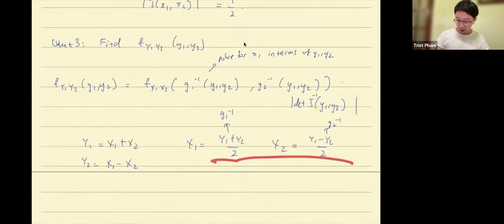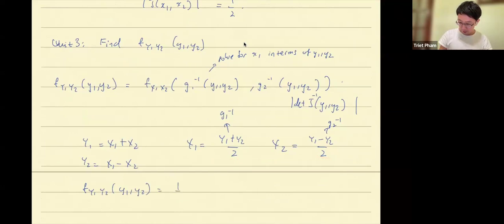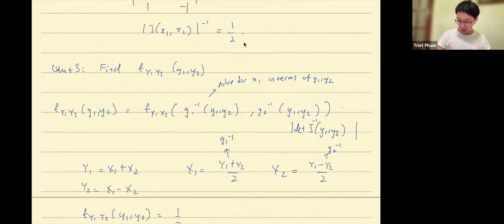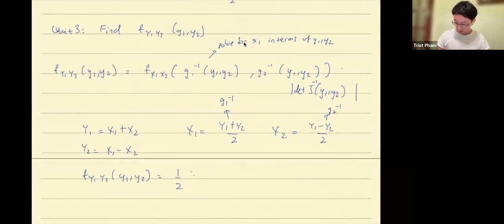So the answer here would be the joint density of y1, y2 will be 1/2, right? Which is the Jacobian inverse, whatever. And then lambda 1, lambda 2, e to minus lambda 1, y1 plus y2 over 2, e to minus lambda 2, y1 minus y2 over 2, like that.